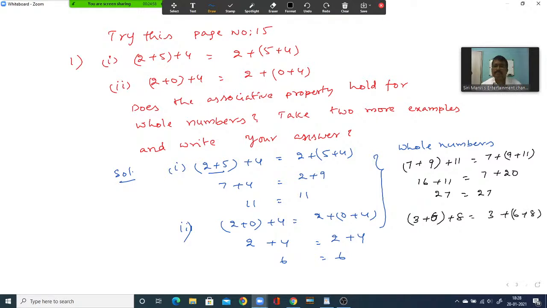So 3 plus 6 is equal to 9 plus 8. 6 plus 8 is equal to 14. So 9 plus 8 is 17 and 3 plus 14 is also 17. So these are the two examples.